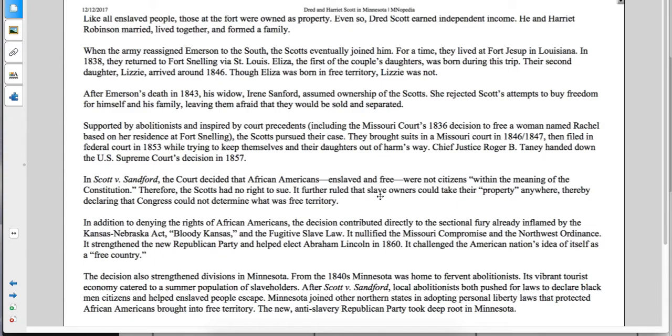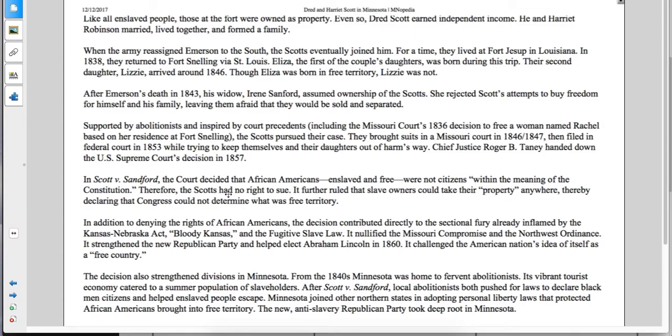It further ruled that slave owners could take their property anywhere, thereby declaring that Congress could not determine what was free territory. So slavery was allowed in those territories called free.